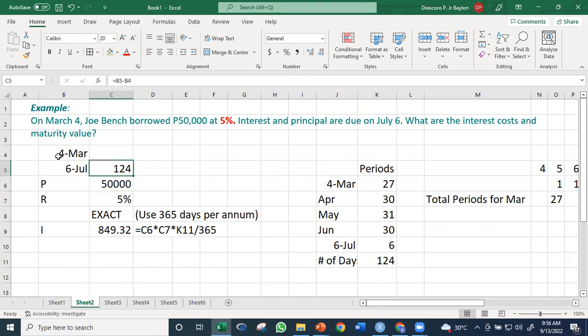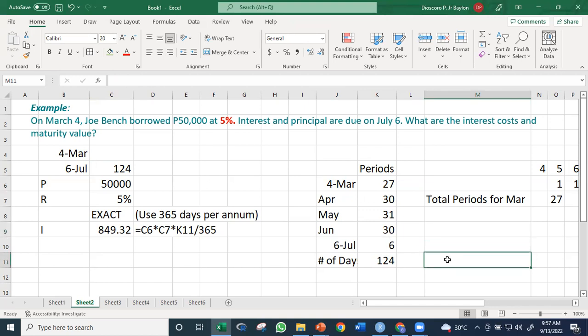July 6 minus March 4, that gives us 124 periods between July 6 and March 4. And we need not have manually counted it. But it's okay because at least we know how we got this.